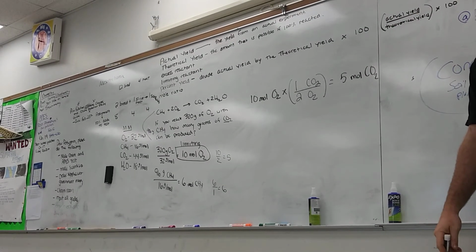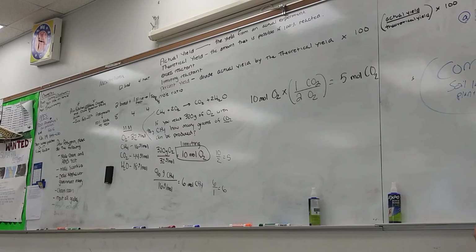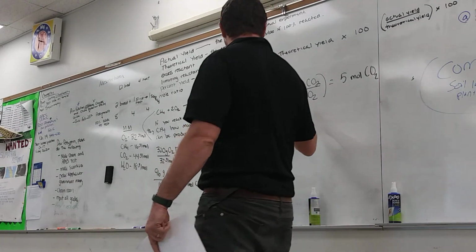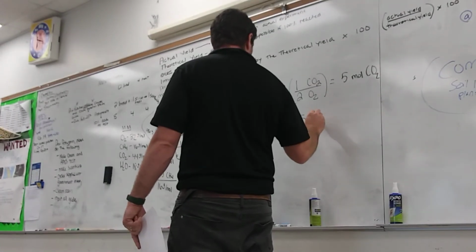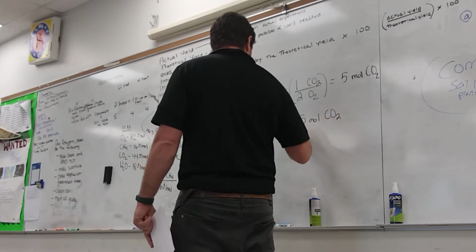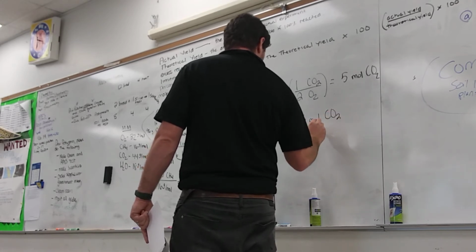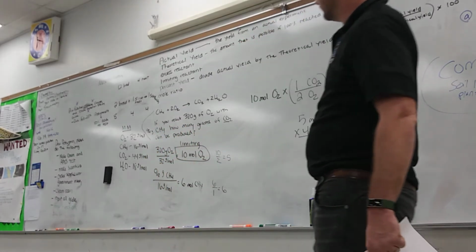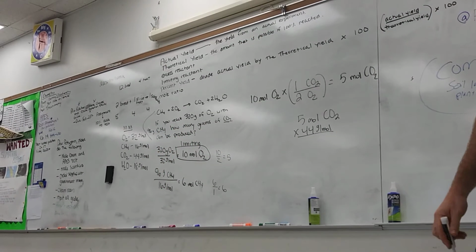Now that you convert it to moles, isn't it easy to convert back to mass again? Because you know the molar mass of CO2. So I just multiply my 5 moles of CO2 times 44 grams per mole. And that's equal to something. 220?